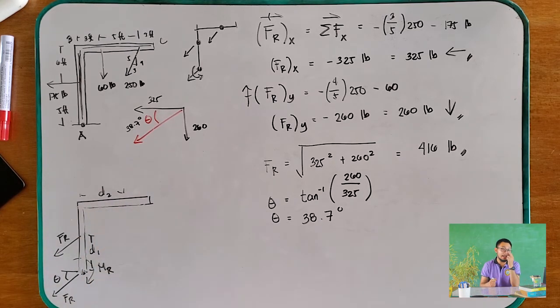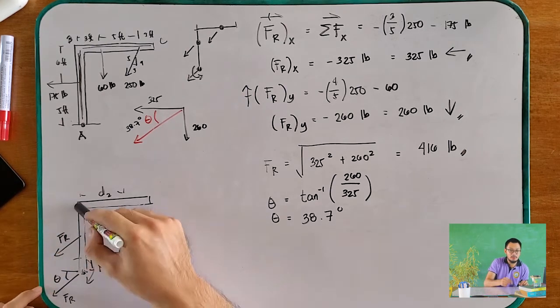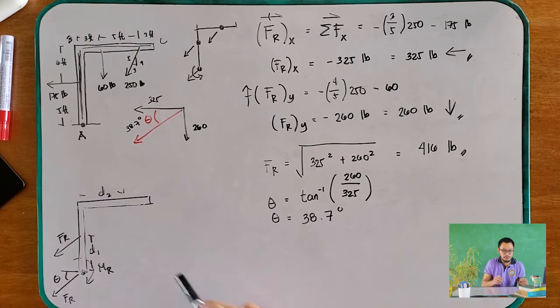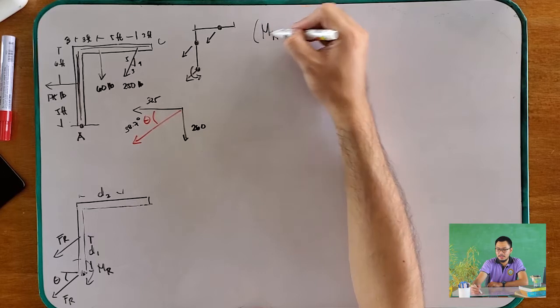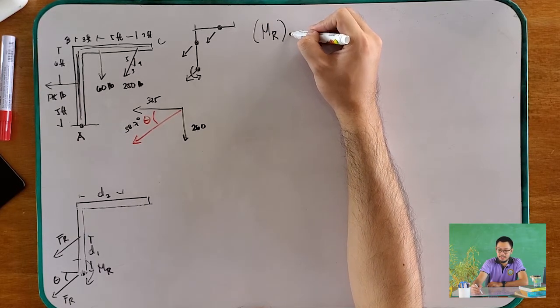So two things are being asked: if it is located on our column, and second, if it is located on our boom. For us to solve it more easily, let's solve for the resultant moment, MR, about point A.